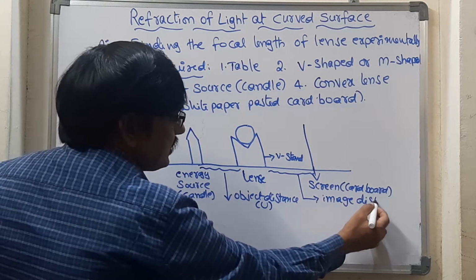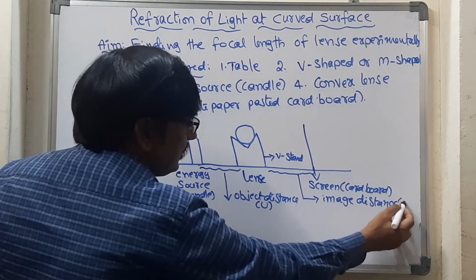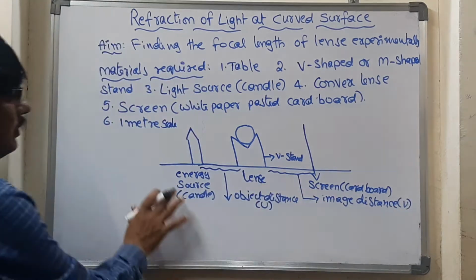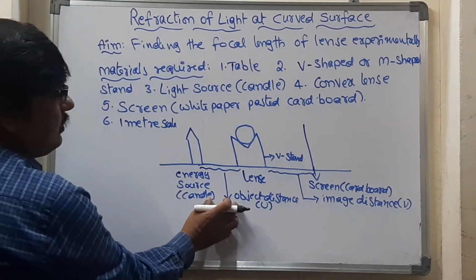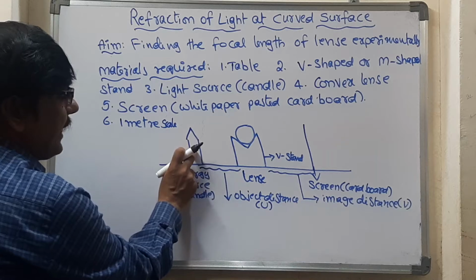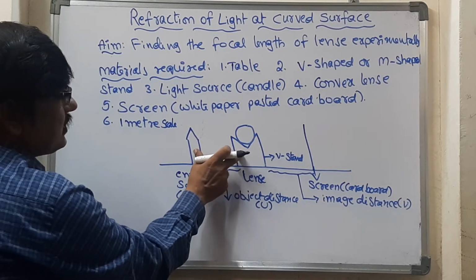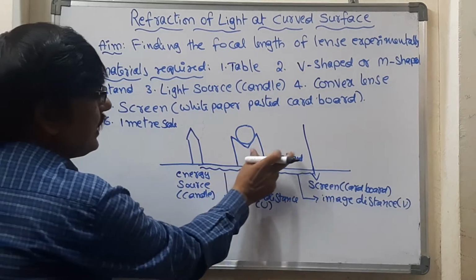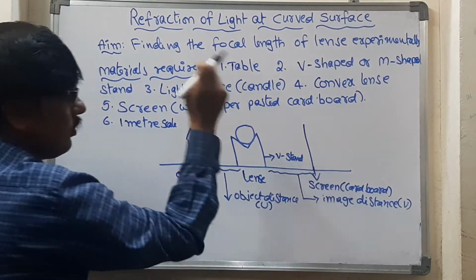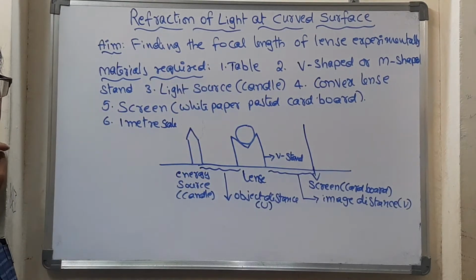That image distance we consider as V. So the distance between the candle and the lens is the object distance, and the distance between the lens and the screen is the image distance.